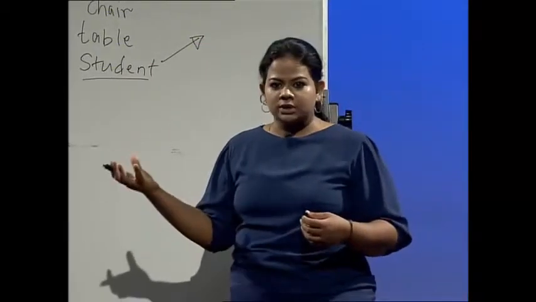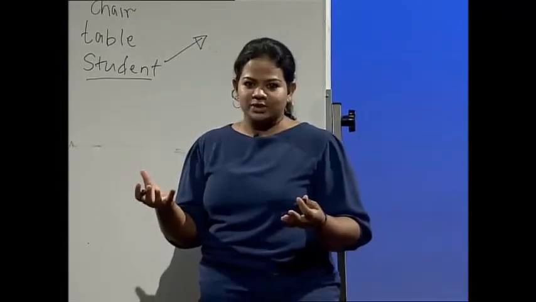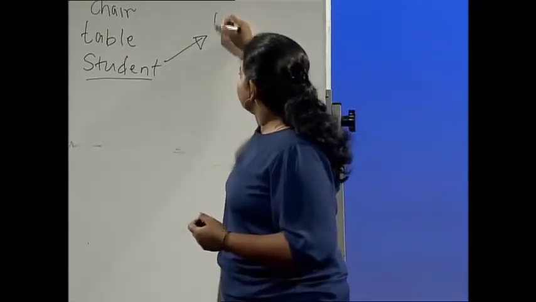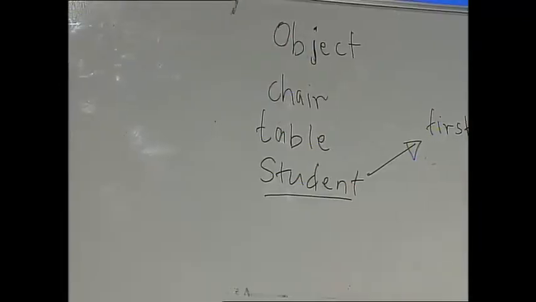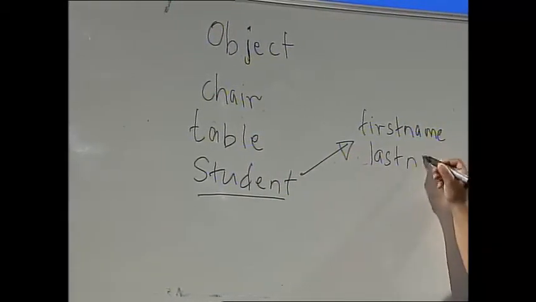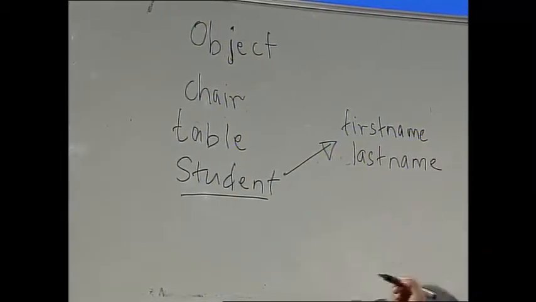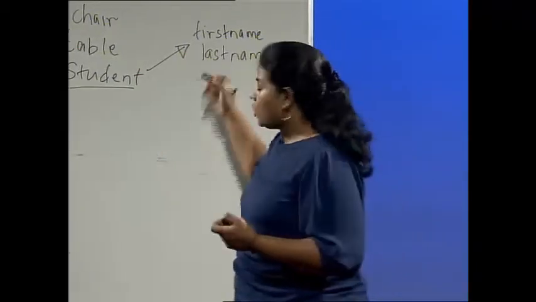When we consider a student, what are the properties of a student? The basic properties of a student are first name, last name, and what else? Say the registration number or your student ID.